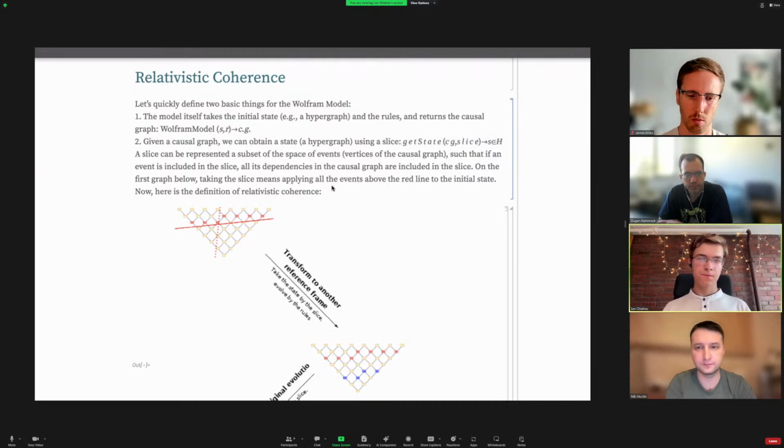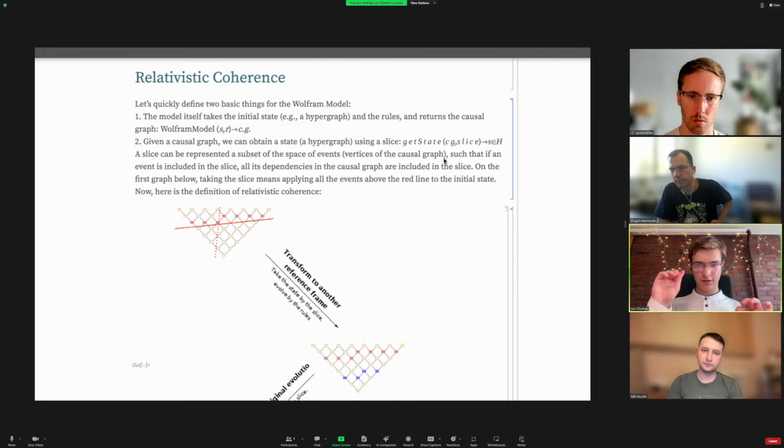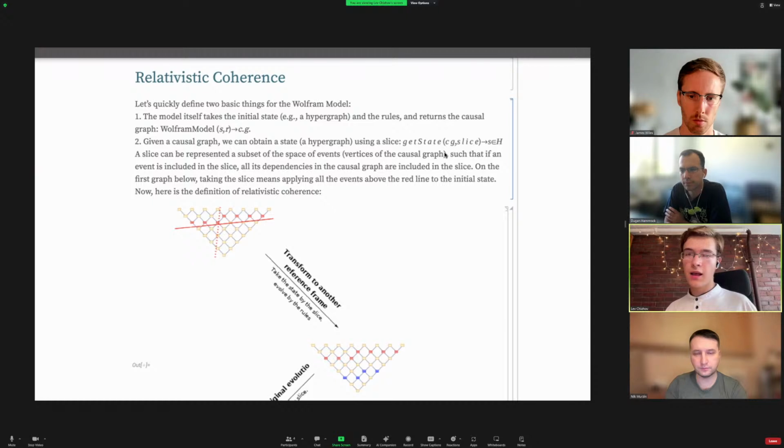So we have two very different graphs here, the hypergraph and the causal graph. The causal graph is just a normal graph where the nodes are the updates. And you can get the state of the hypergraph from the causal graph if you pass in some slice.